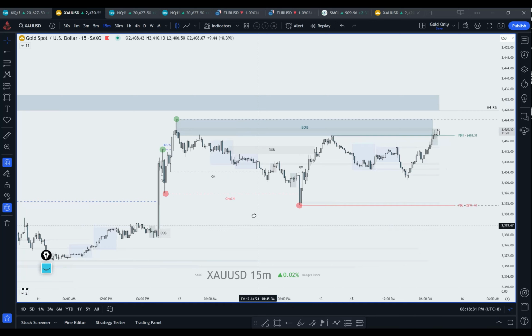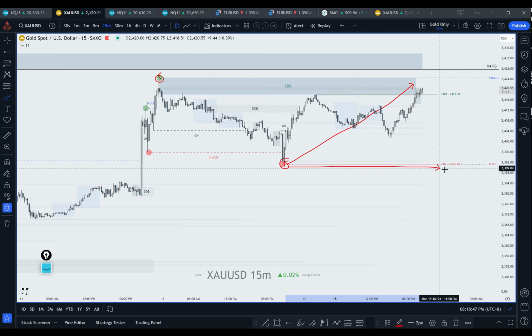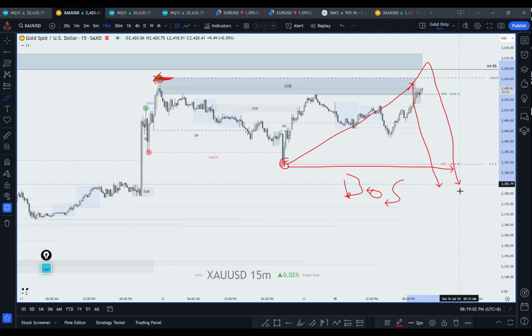So you have the range from here to here. You are at the extreme order block. We are looking for the price to make another break of structure into this zone. If this high disrespects, then we are looking for short into this zone.